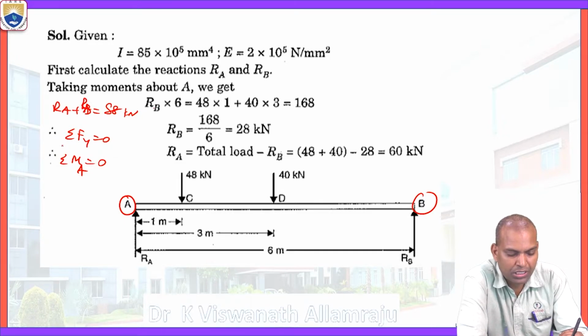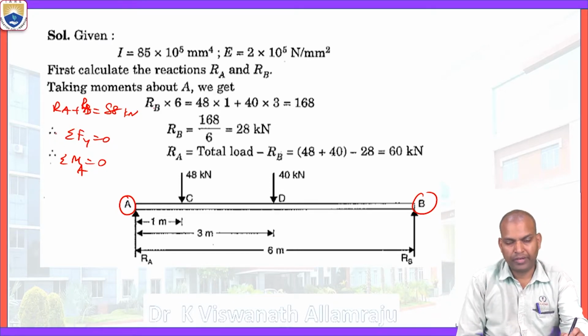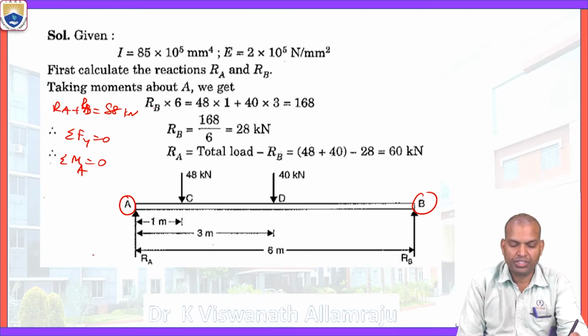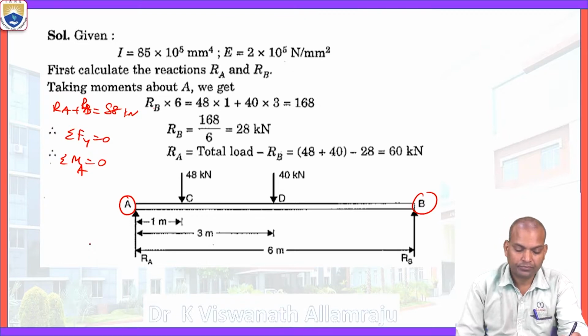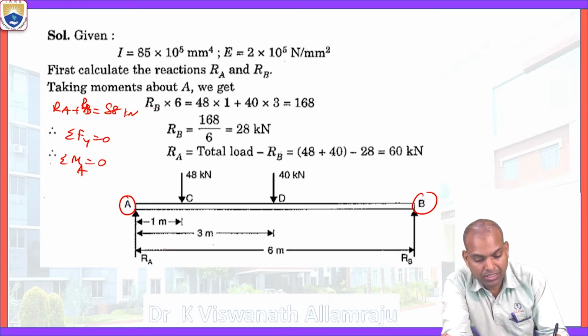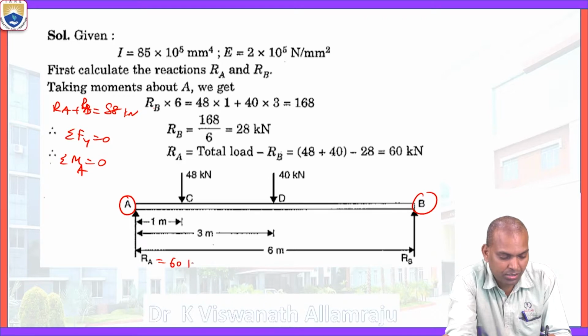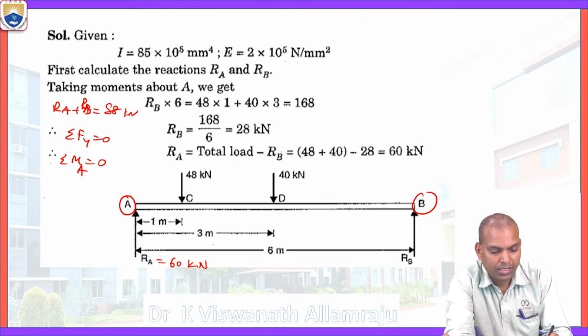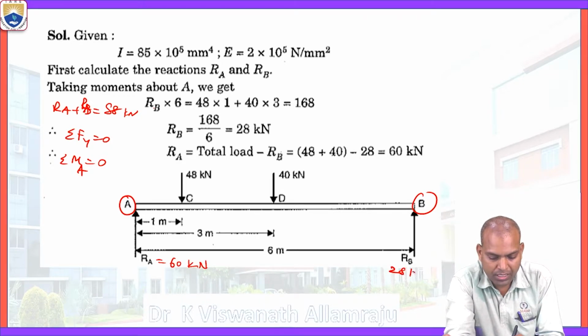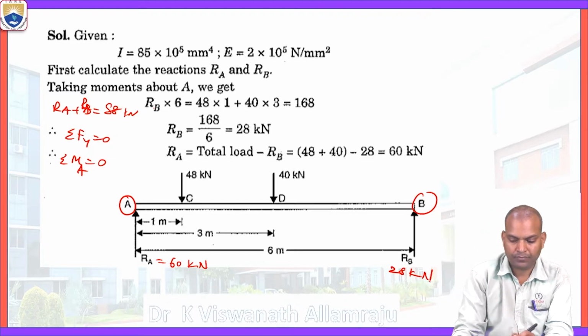By using these two equations, we can find out the support reactions at A and B. So Ra is calculated here, it is 60 kilonewtons, and Rb is 28 kilonewtons.